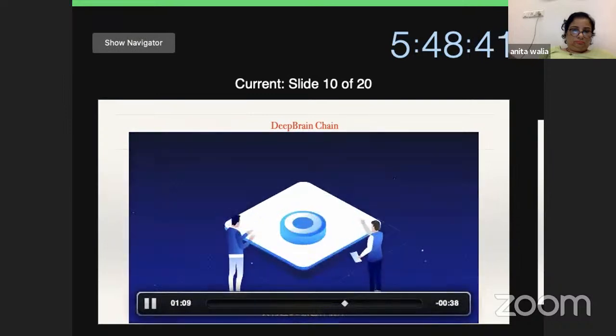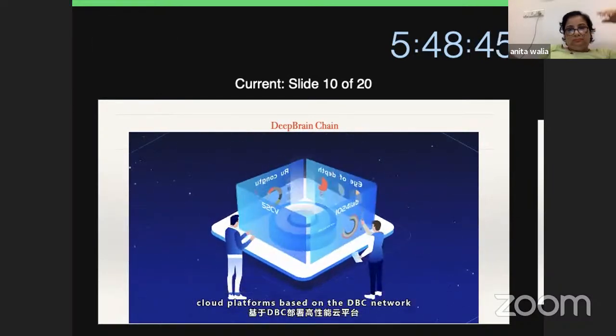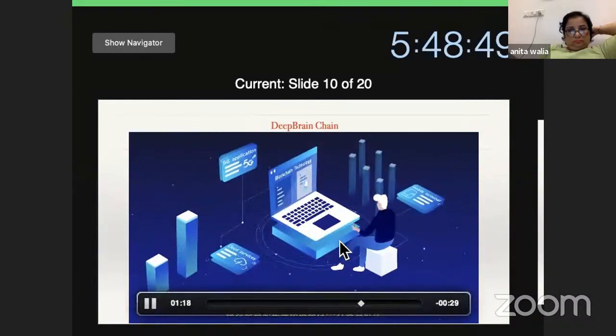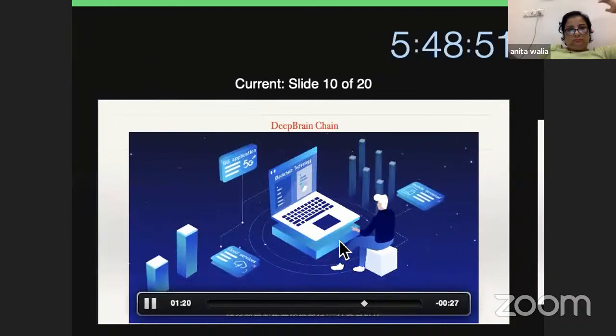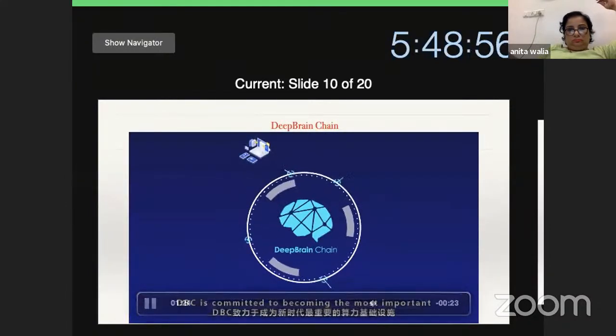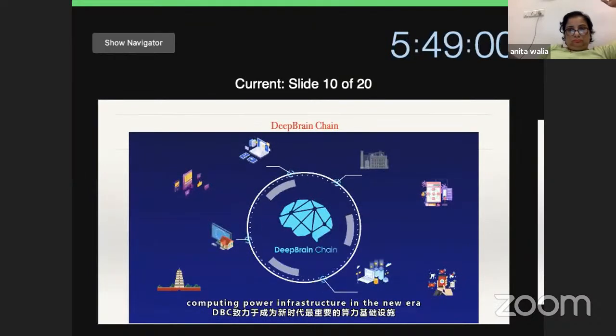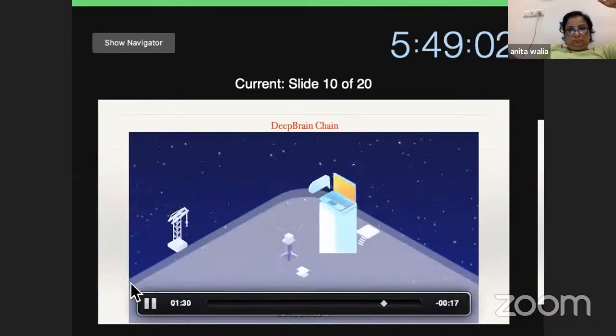Up to now, nearly 50 partners have deployed high-performance cloud platforms based on the DBC network, serving hundreds of enterprises and tens of thousands of AI developers. DBC is committed to becoming the most important computing power infrastructure in the new era, serving hundreds of industries.